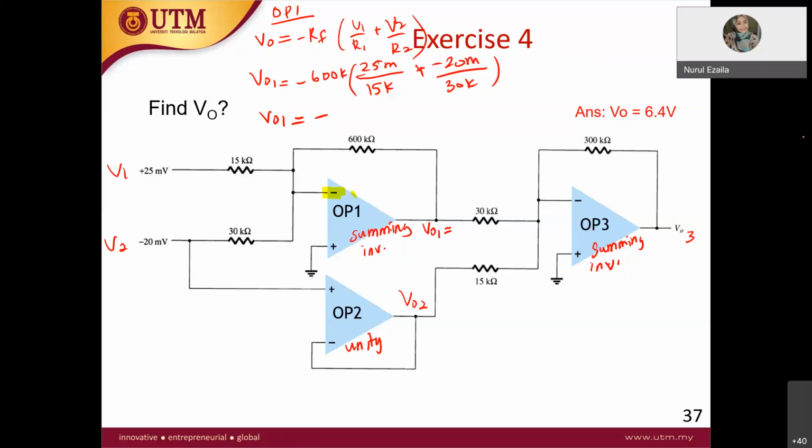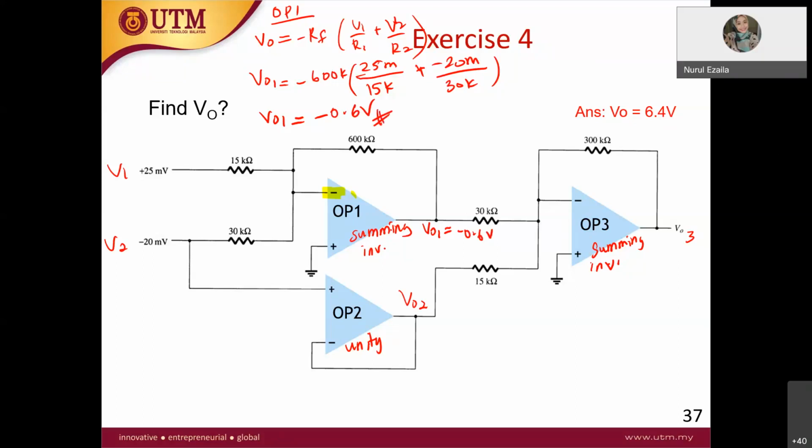Can someone calculate too, please? At least two people compare the answer. My one is negative 0.6. You also got negative 0.6. Thank you. Negative 0.6 volt.